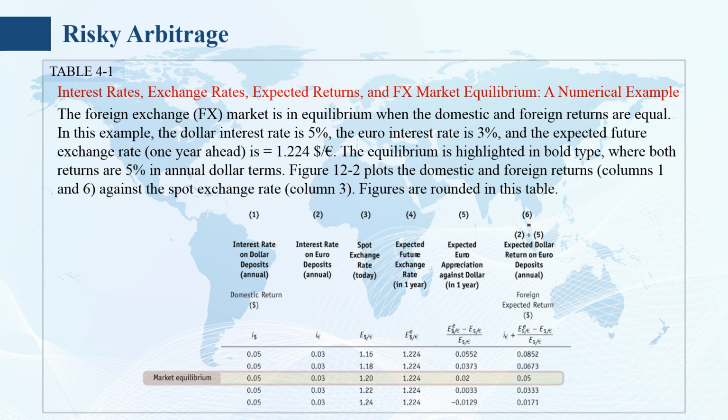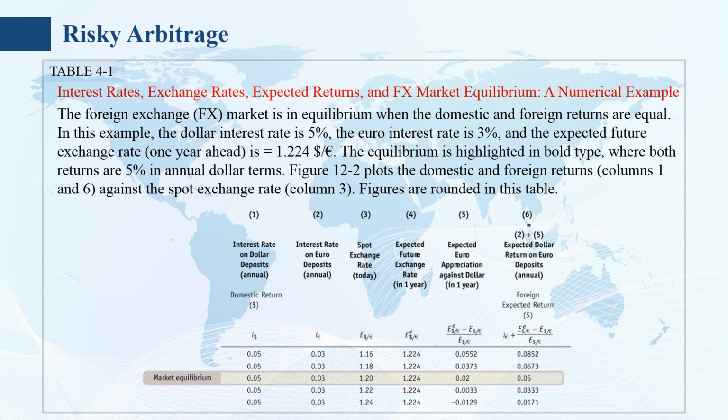And the expected future exchange rate 1 year ahead, E^e, is equal to $1.224 per euro in column 4. The rows in the table correspond to a range of possible spot exchange rates shown in column 3, and these spot rates in turn imply the expected depreciation rates in column 5 and the expected foreign returns in column 6.